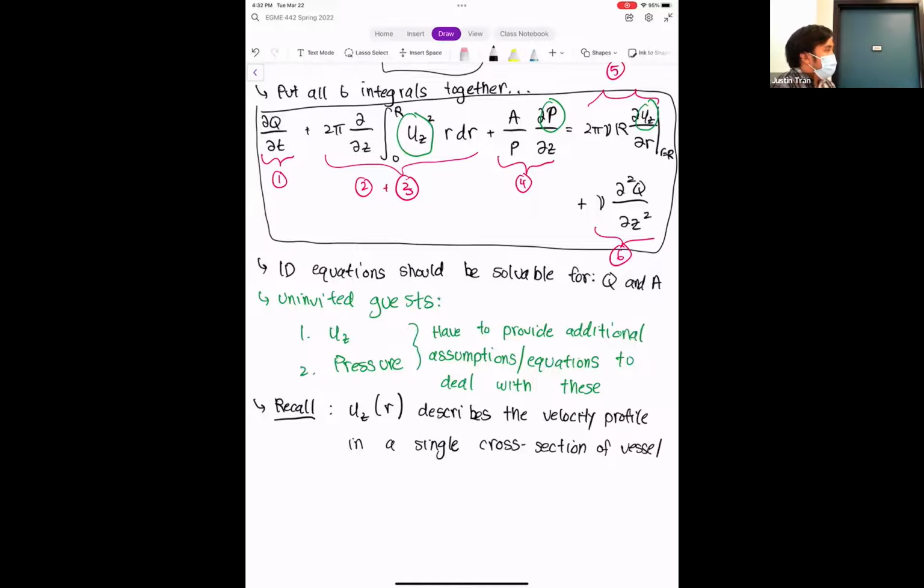If you remember, when we did our review of fluids, I know I kind of keep coming back to that week, but that's probably one thing that we'll keep referring back to.